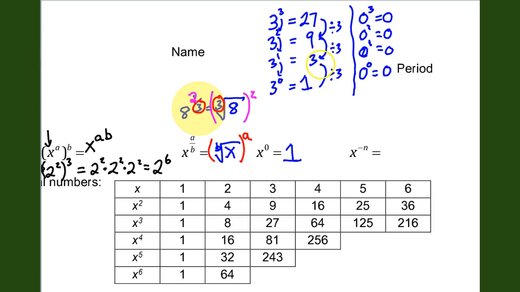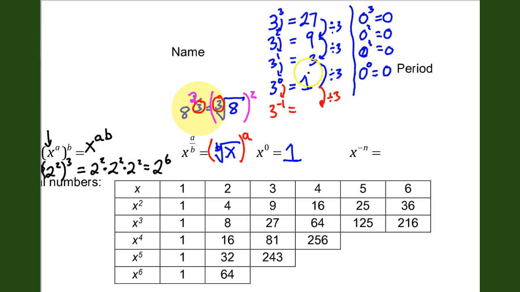All right, so good question. What about a negative power? So let's continue this pattern, right? We went from 3 to 2, 2 to 1, 1 to 0. What's next in the pattern? Negative 1, right? So what's 3 to the negative 1? Don't have to guess, just follow the pattern. Divide it by 3 again.